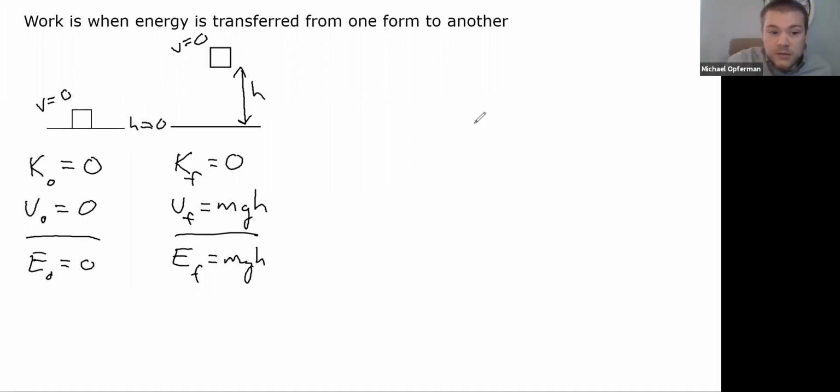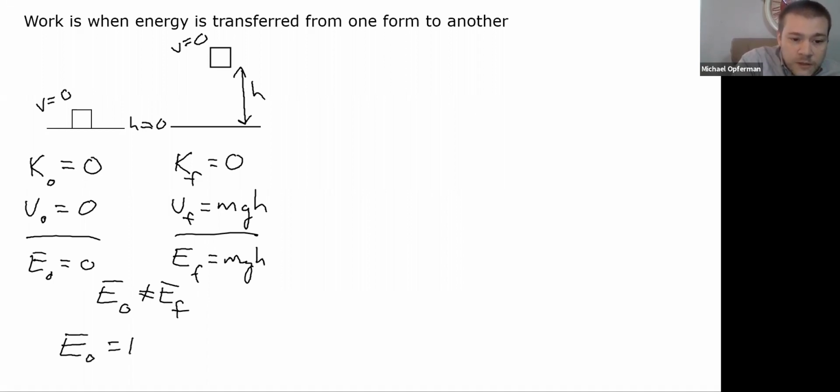In fact, you don't have initial energy equals final energy like you would expect. What you have instead is that the initial energy equals the final energy minus mgh, because we ended up with more.